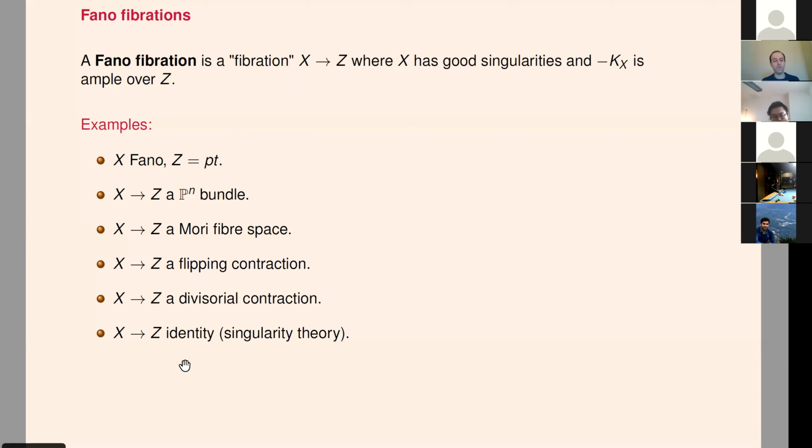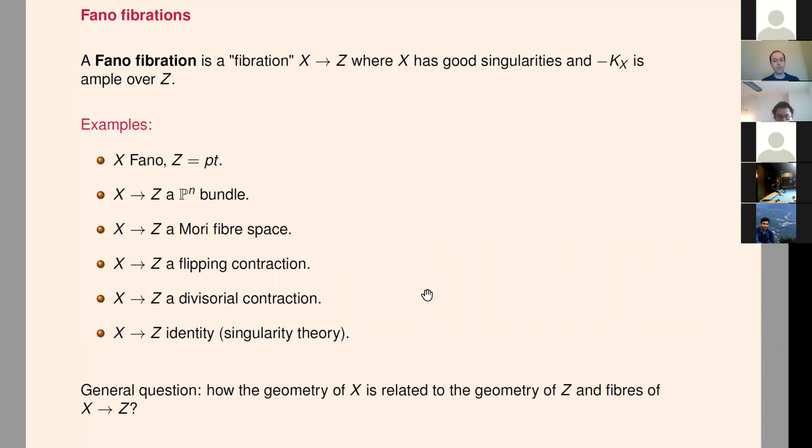So the fibers are just points, and minus K is just trivially ample over X itself. However, what we are doing here is that we take a variety and look at it locally near some point. So what we do here is singularity theory.